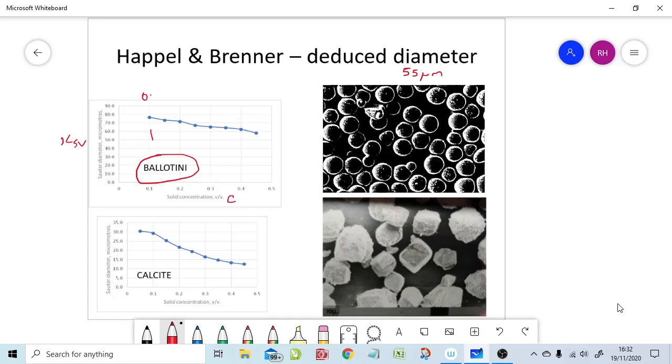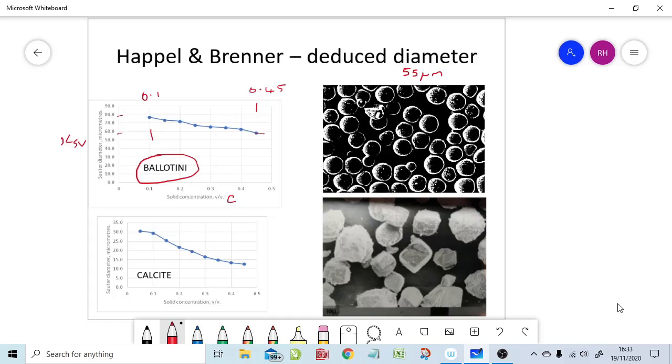So I better use 0.1 rather than percent, and goes up to 45%, or C equals 0.45. And you'll notice that the apparent Sauter mean diameter varies from something in the order of just below 80 microns and eventually ends up something pretty close to our 55 microns that we can see from the picture here.